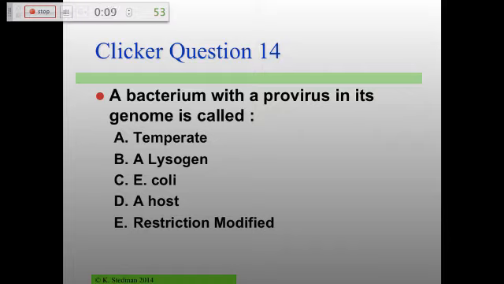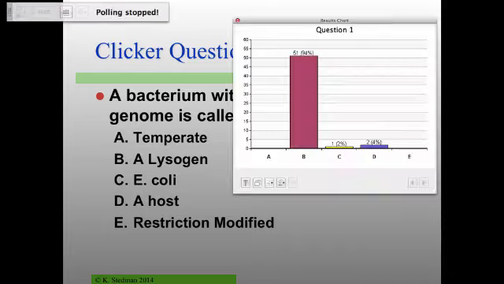So 53 have voted and nobody's changing their mind. It's a good thing. Yay, everybody's happy, including me. So what's temperate?